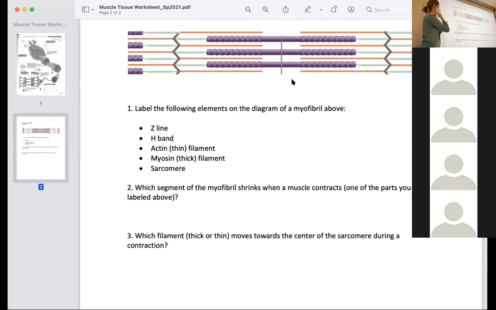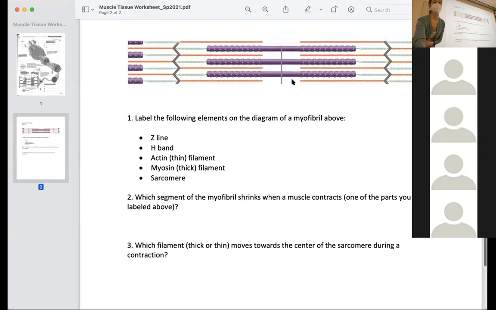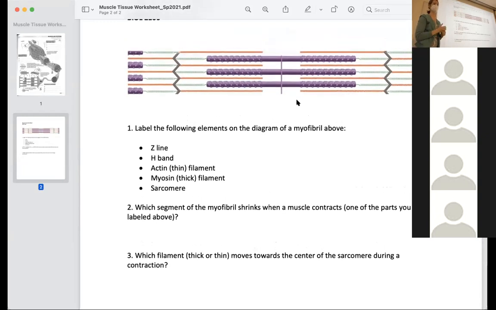And then what color are the actin filaments? Which are the actin filaments here? Reddish orange, yeah. So these are the actin filaments. That's going to make these the myosin. The purple are the myosin filaments. So you have myosin here, actin here, thick and thin, very obvious.